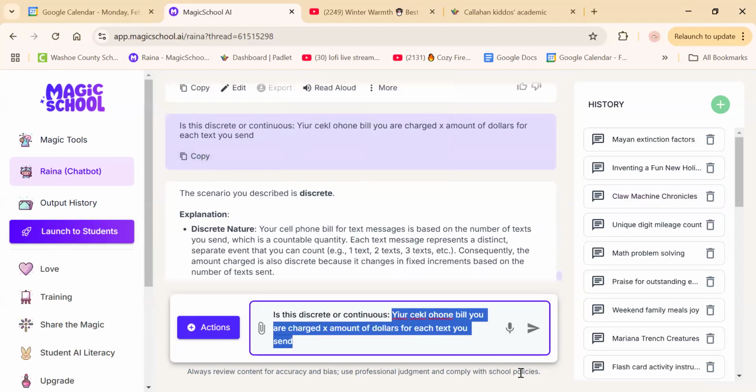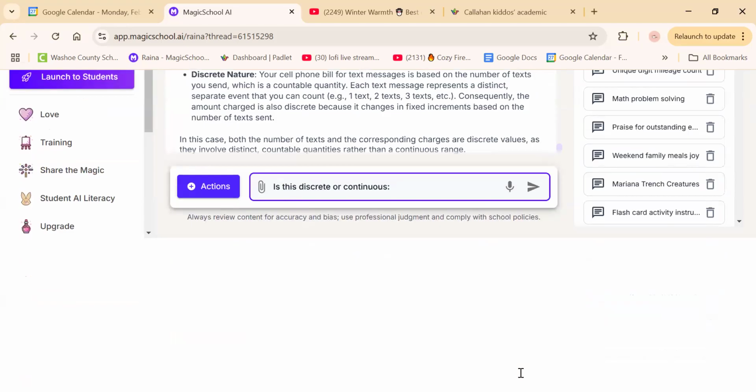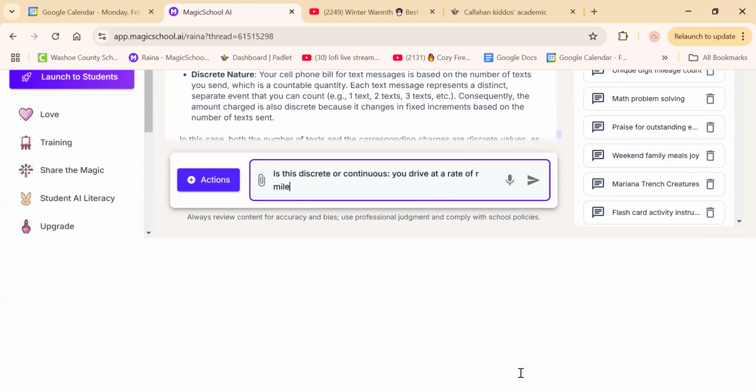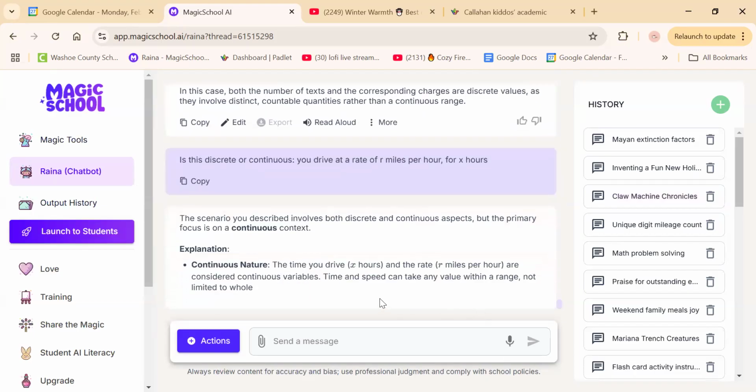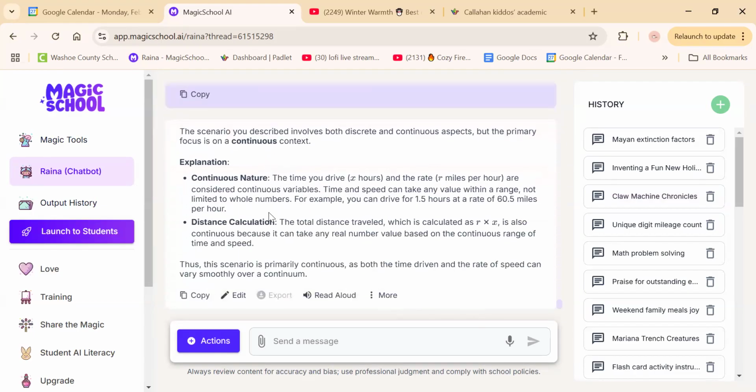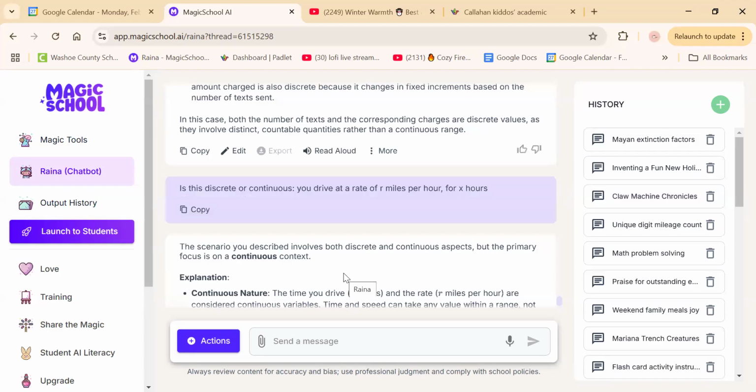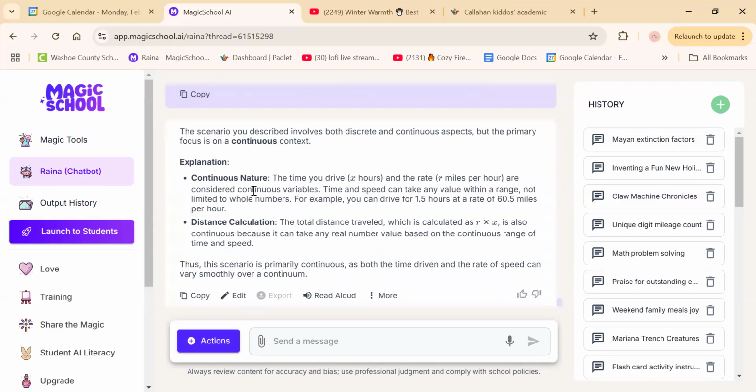What is it? You drive at a rate of R miles per hour for X hours. In this scenario, the description involves discrete and continuous aspects, but the primary focus is continuous.